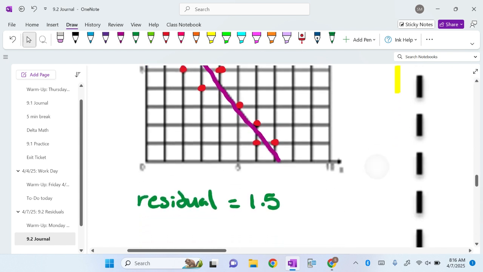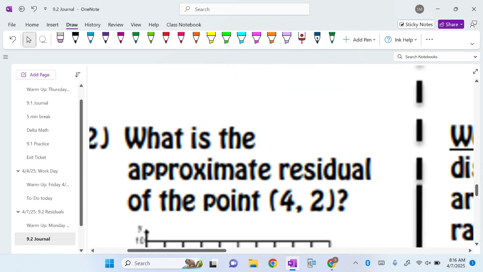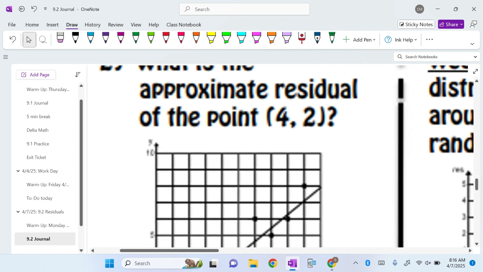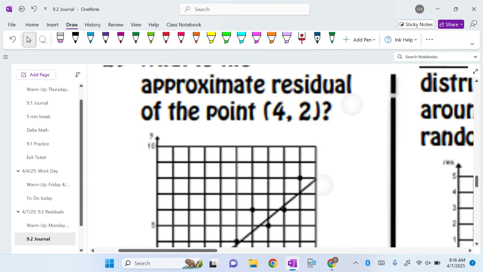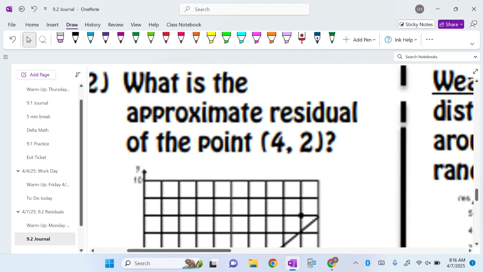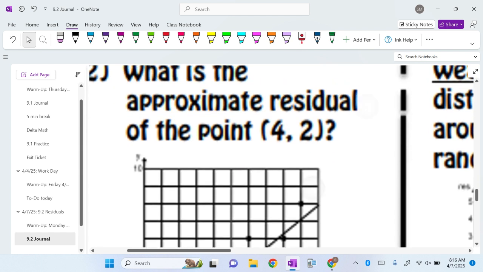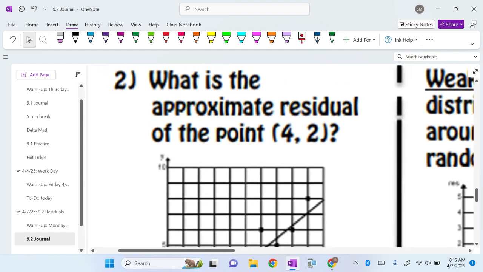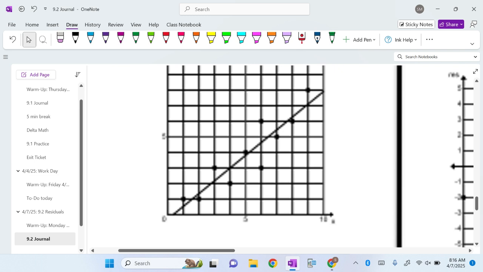Now, on the other hand, number 2 asks, what's the approximate residual for the point (4, 2)? So again, I'm just going to draw the dots very quickly, just so you guys can see them, at least on the board.